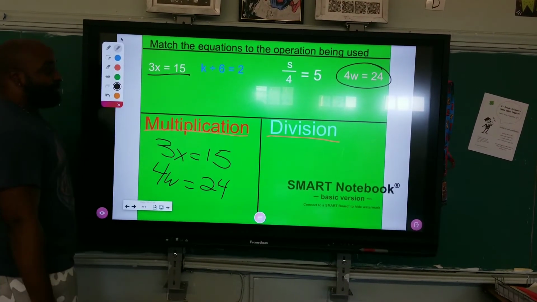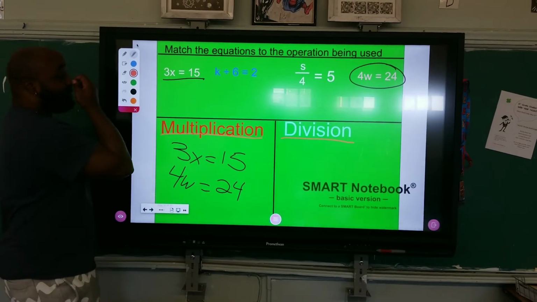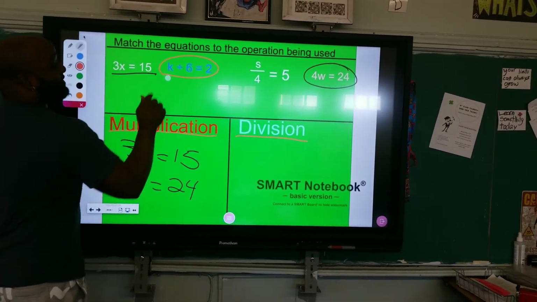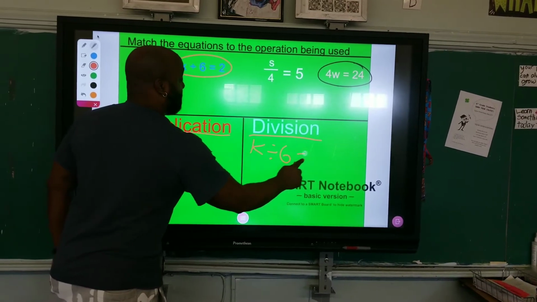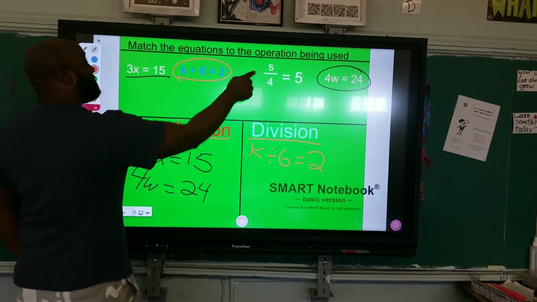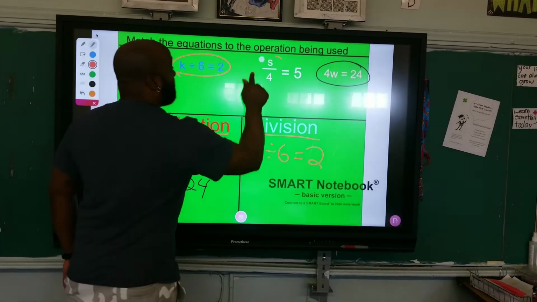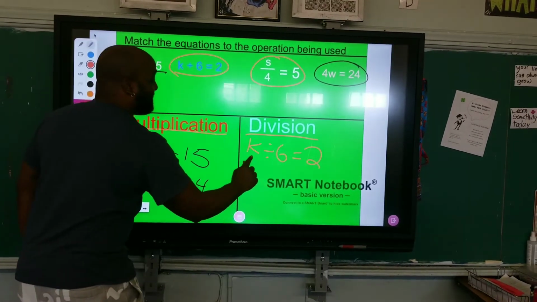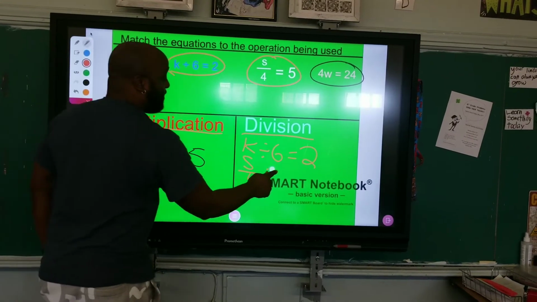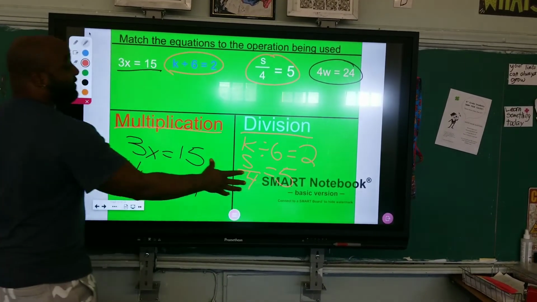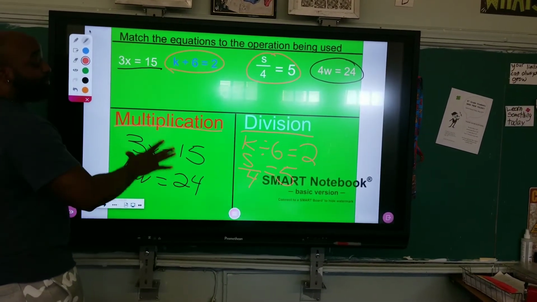Another multiplication one. Okay, so then this has a division sign in it, so it's got to be a division equation. And this one has a fraction bar. But remember we talked about a fraction being exactly like division. So this says s divided by 4 equals 5. So these are our division equations, these are our multiplication equations.